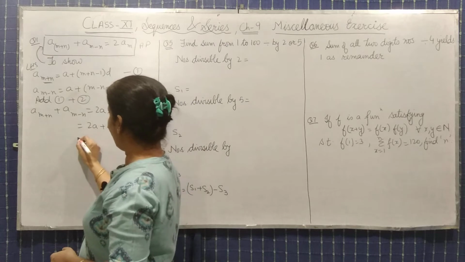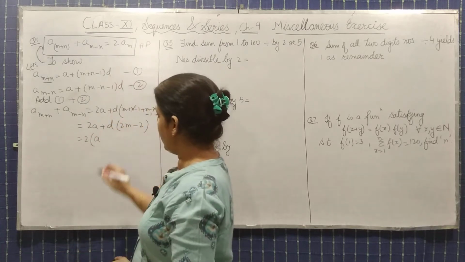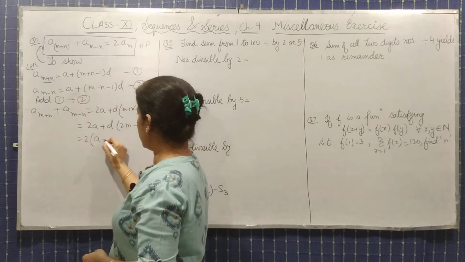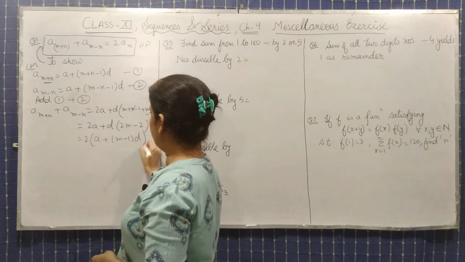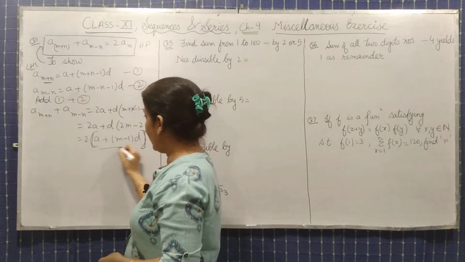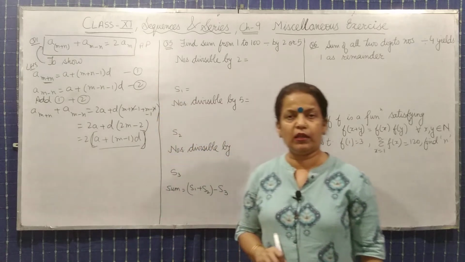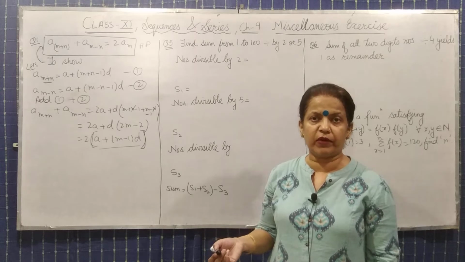Now you can take 2 common from both the terms. So it will come as 2 times (a plus (m minus 1)d). This a plus (m minus 1)d is which term? This is the mth term of the AP.